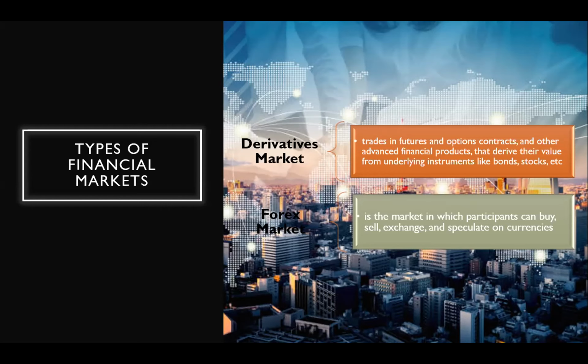And a derivative is an instrument whose value is derived from the value of one or more underlying assets, which can be commodities, bonds, stocks, and etc. And lastly, we have the forex market. A forex market is the market in which participants can buy, sell, exchange, and speculate on currencies. It is the largest and most liquid financial market in the world.